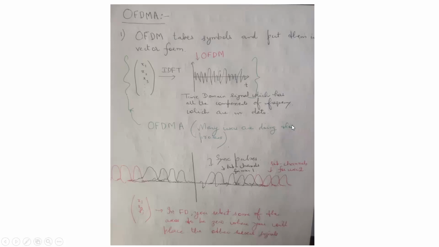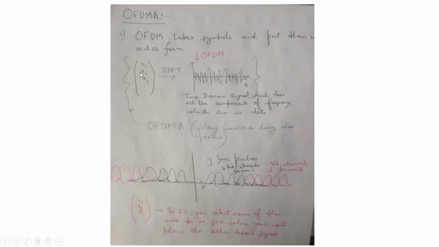Many users are doing this same process, where for every user the symbols will be converted to vector form, and then the IDFT is taken and we get a time domain signal, right? So that's why this is known as orthogonal frequency division multiple access. Now, many users are doing this.